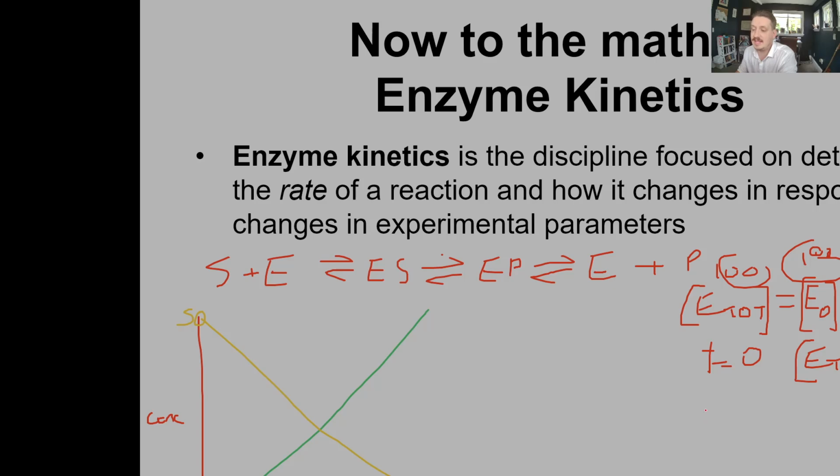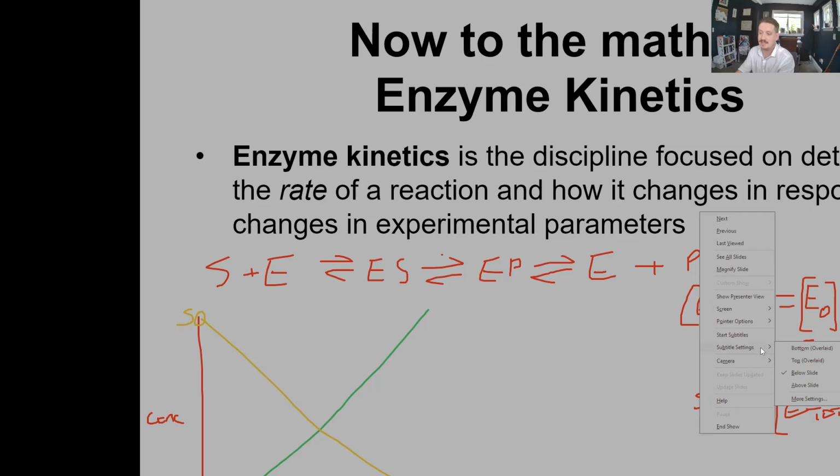Later on, when we hit the steady state, E total is going to be equal to ES, because all of the enzyme has bound. And in between, we have the pre-steady state before the enzyme has become completely saturated.